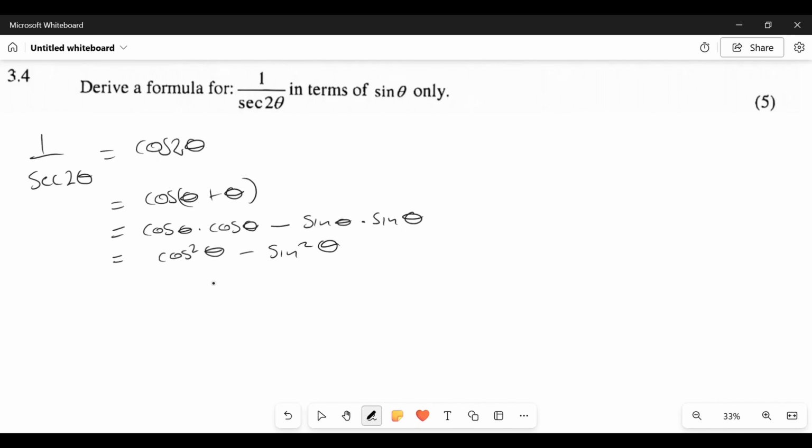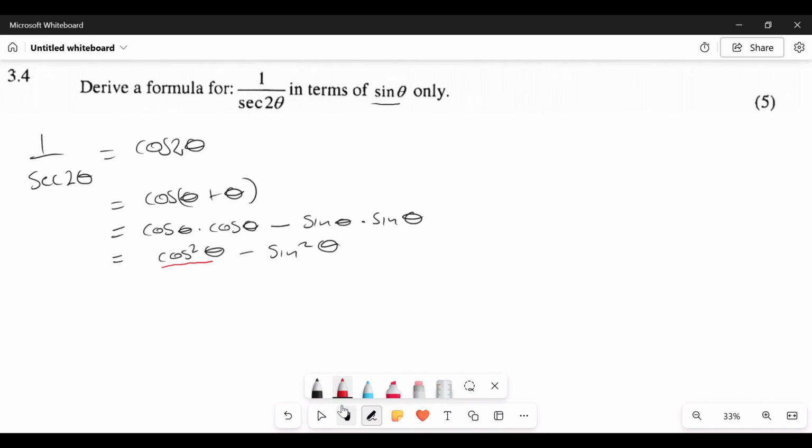Now it's time to use the information given to us. They said we should derive it in terms of sine only, so we need to change this cos squared theta in terms of sine.